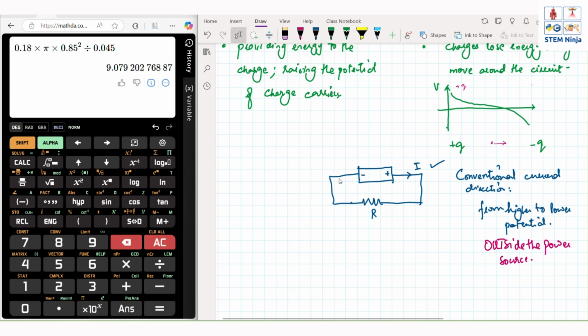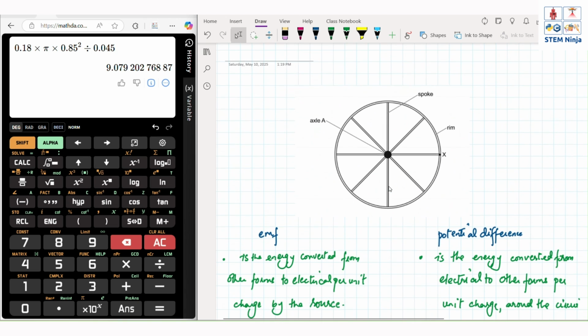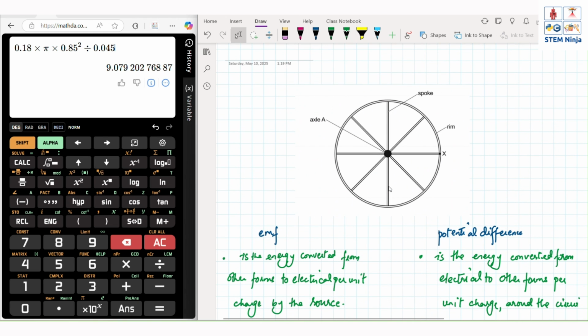But inside the power source, it will carry on in this direction, because we just said it is raising the potential of the charges. So current would still be in this direction inside the battery, inside the source. Now going back to this question, the original motion over here was in this direction.